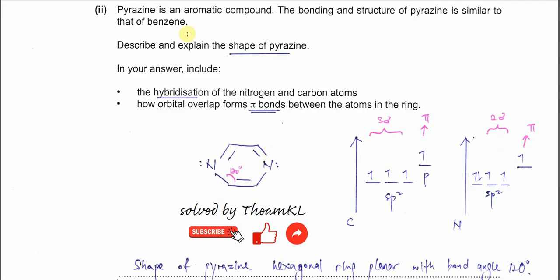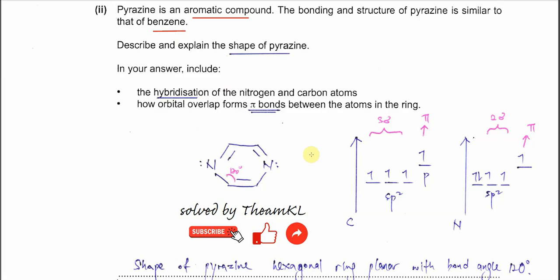Part 2. This pyrazine is an aromatic compound. The bonding and the structure of this pyrazine is similar to benzene. Describe and explain the shape of this pyrazine. Since it's already mentioned that it's like a benzene ring, we can roughly estimate what the hybridization will be.